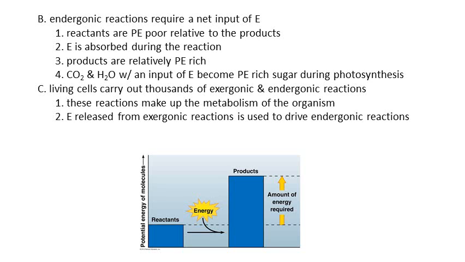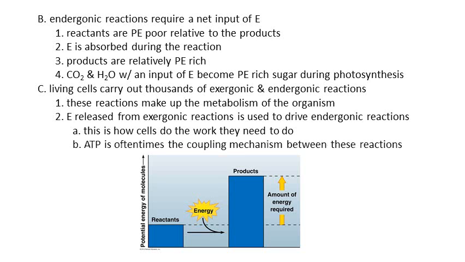Energy is going to be released as exergonic reactions are being carried out, and some of that energy will be captured and used to drive the endergonic ones. So that's how cells couple the energy-releasing exergonic reactions with the energy-requiring endergonic reactions.